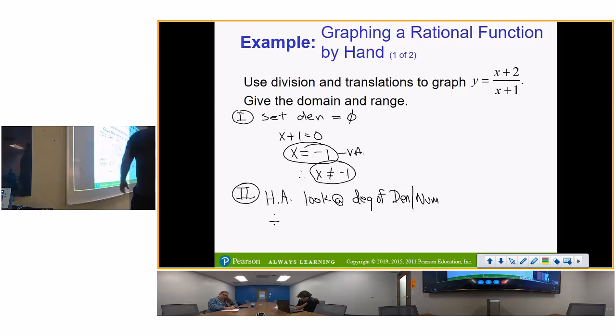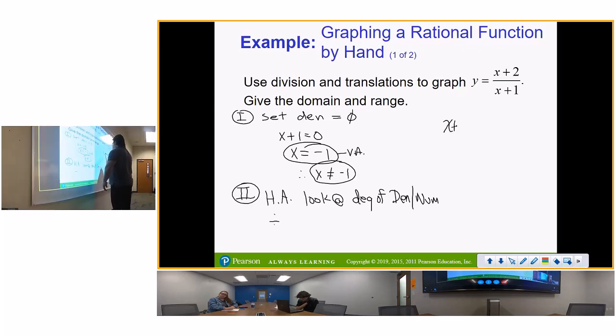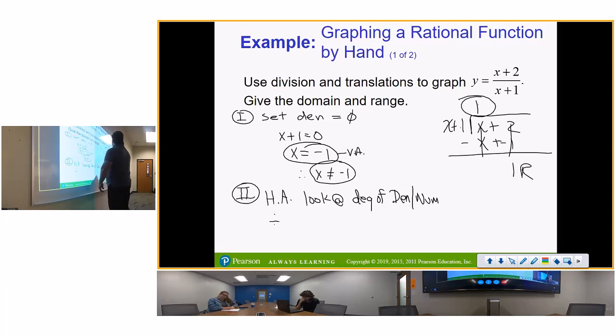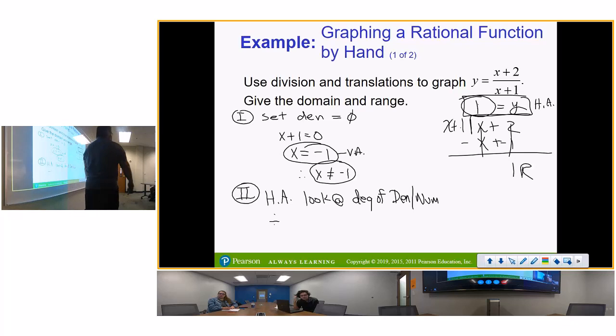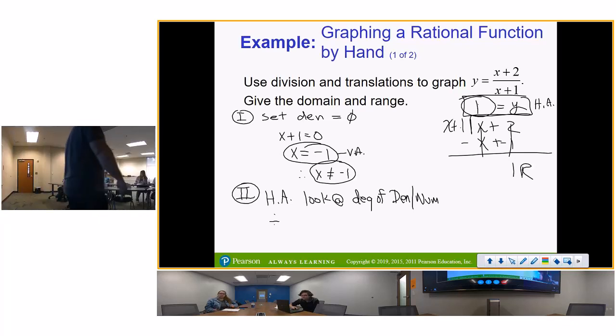And when you divide x plus 1 into x plus 2, how many times will x go into x? 1 time. 1 times x is 1x. 1 times 1 is what? 1. And then you always subtract. And you get 1 remainder, but that doesn't matter because that is your horizontal asymptote. Now later on, you're not going to divide, you're just going to look at it. And we'll get into that later.